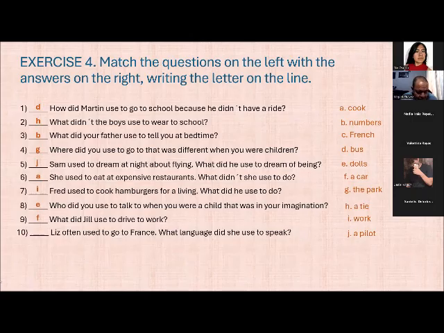It is letter C. Yes, you're right. Can you read the question? Liz often used to go to France. What language did she speak? Yes, you're right. Okay, letter C.